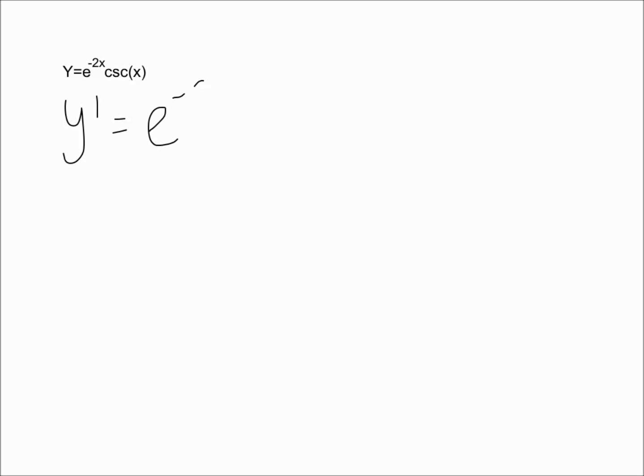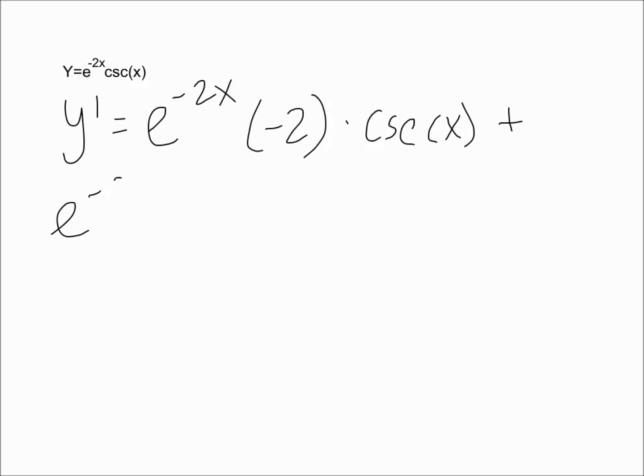So e to the negative 2x times negative 2 times cosecant of x, that remains the same, plus e to the negative 2x, in this case that remains the same, times the derivative of the cosecant of x, which is negative cosecant of x times the cotangent of x.